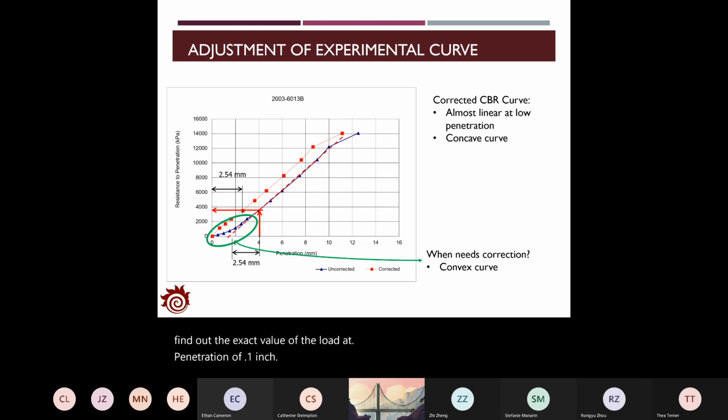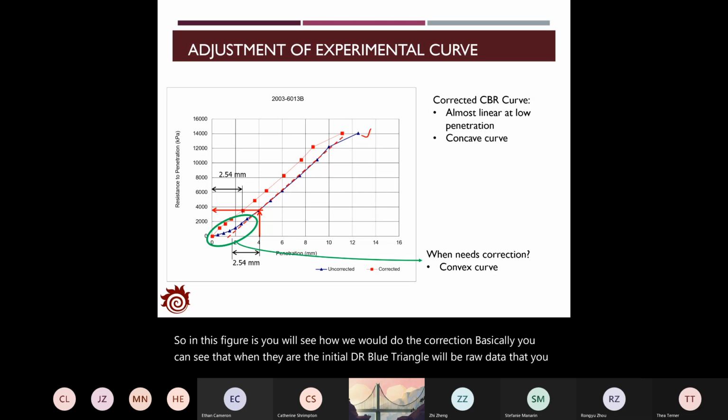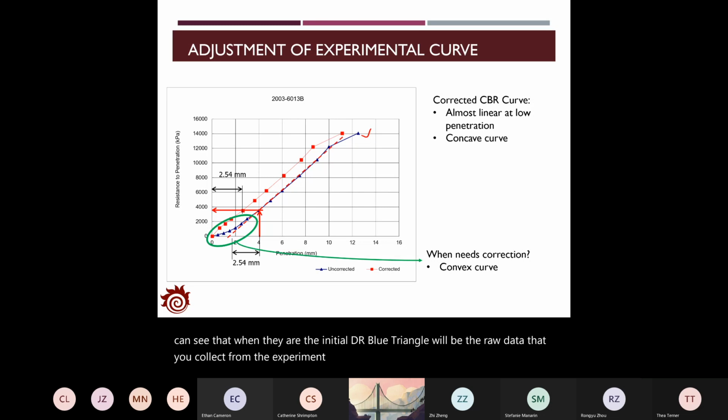In this figure, you will see how we do the correction. Basically, the blue triangles are the raw data that you collect from the experiment, and ideally, at low pressure, there should be a linear relationship between the pressure and the penetration.